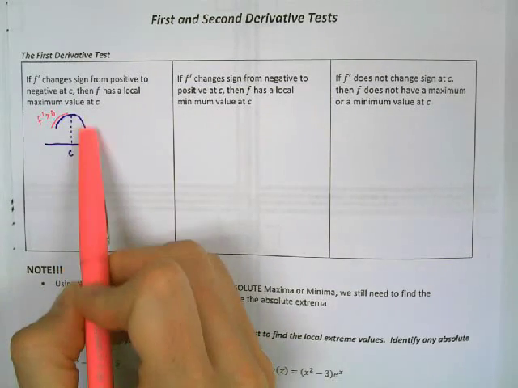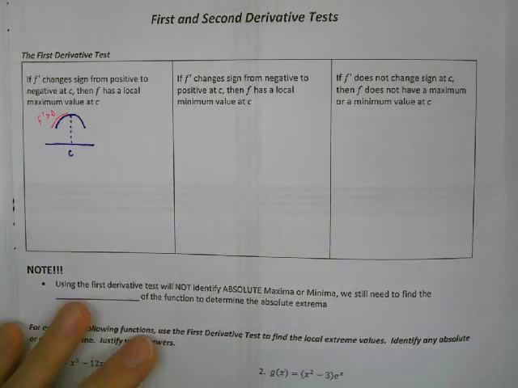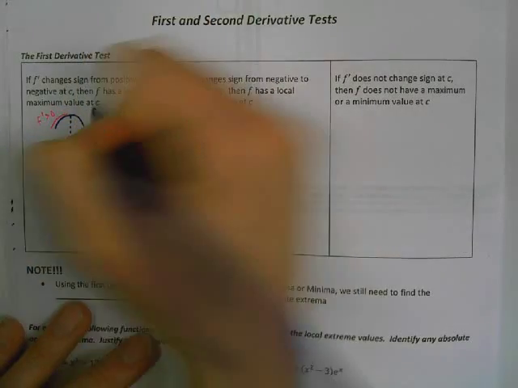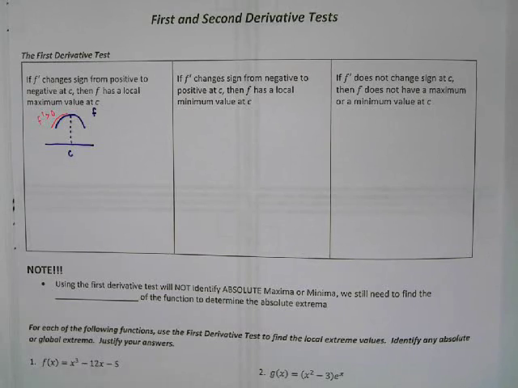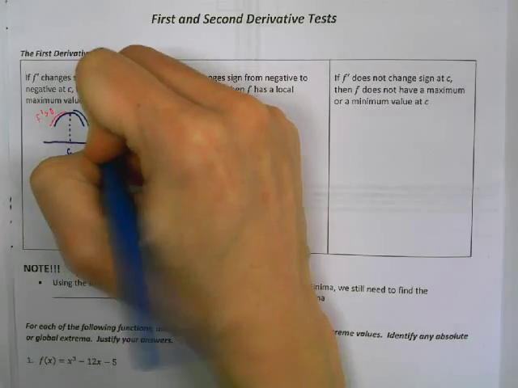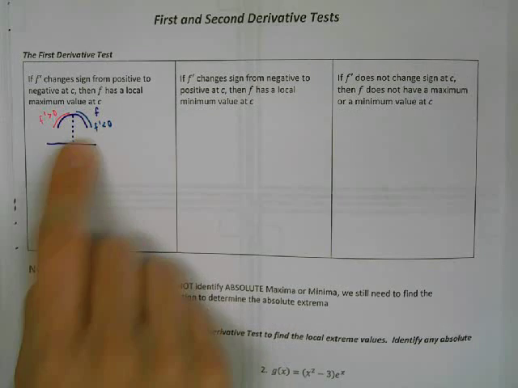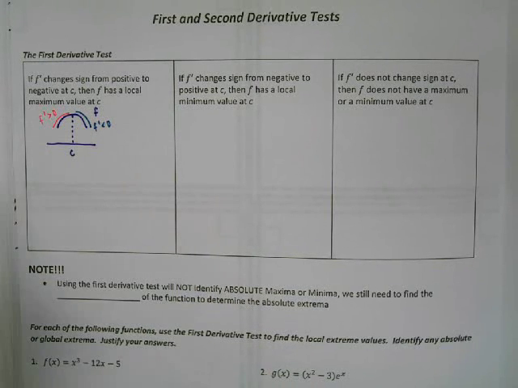Excuse me, this is actually my graph of f, so maybe I'll put that here. If I'm looking at a graph of f, f prime is greater than 0 because my slope is positive, and over here f prime is less than 0. So where it changes from positive to negative, I have a local max at that value.